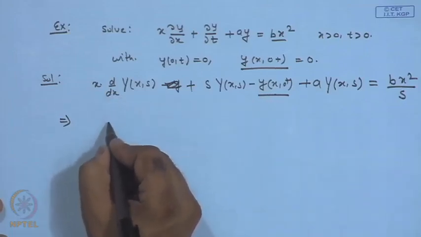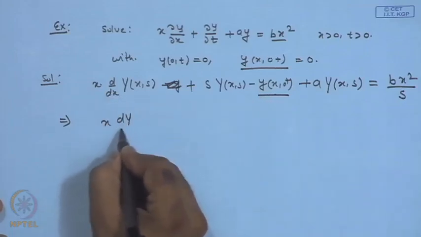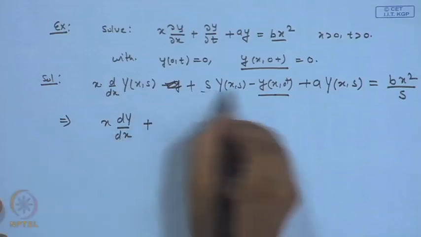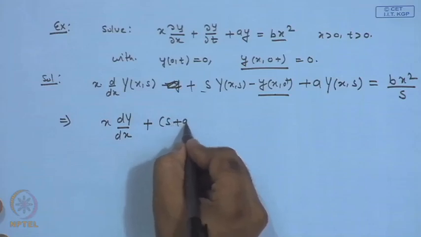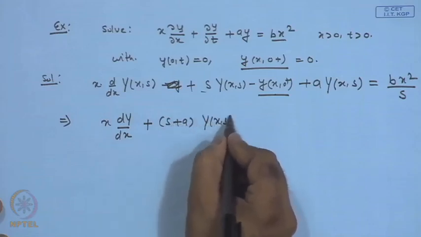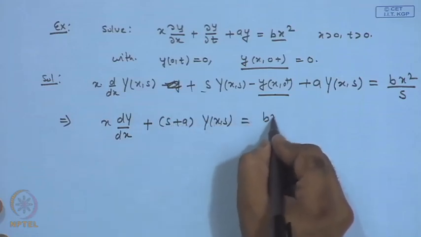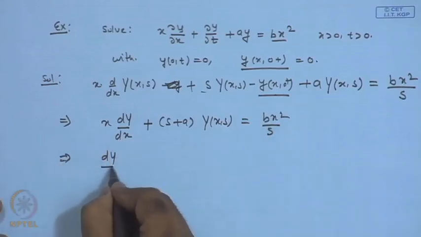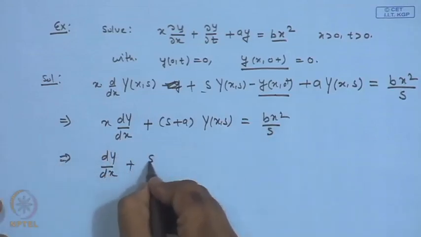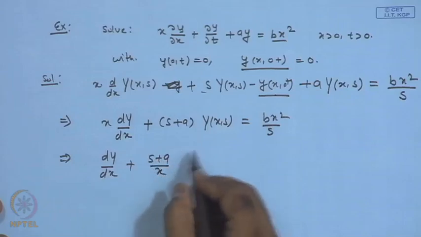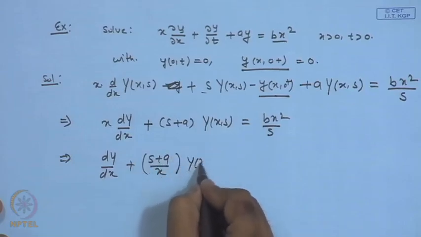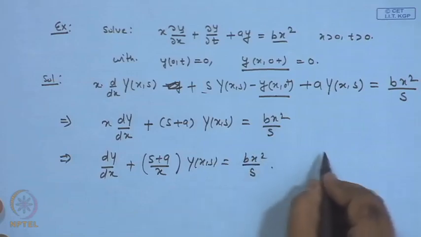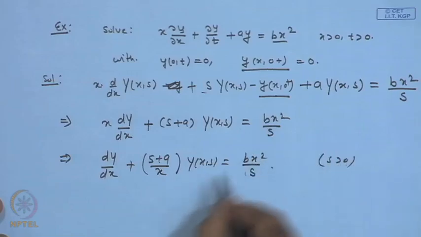So, we have simply x dy over dx plus (s plus a) y(x,s), and the right hand side b x squared over s. Or we have dy over dx plus (s plus a) over x times y(x,s) equals b x squared over s. s is positive, so we do not have a problem in the division.